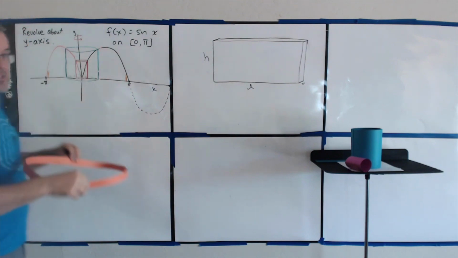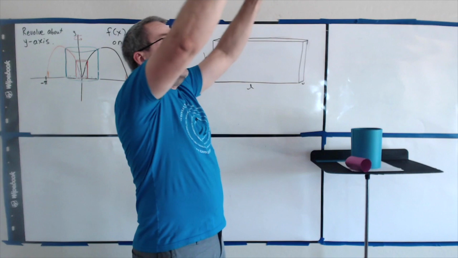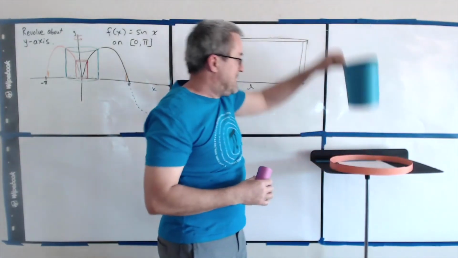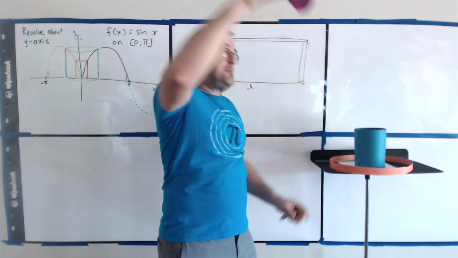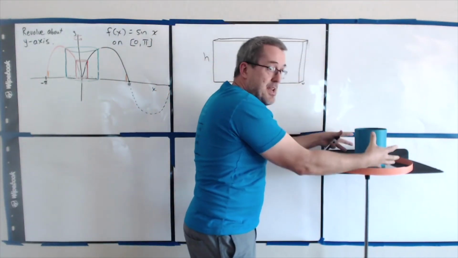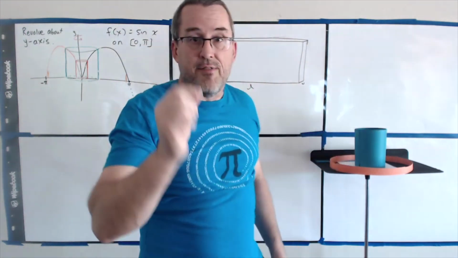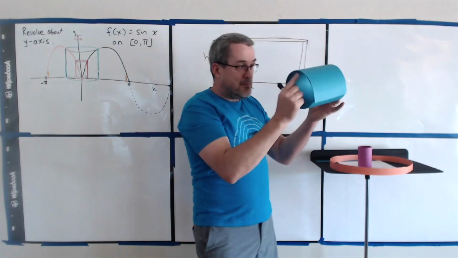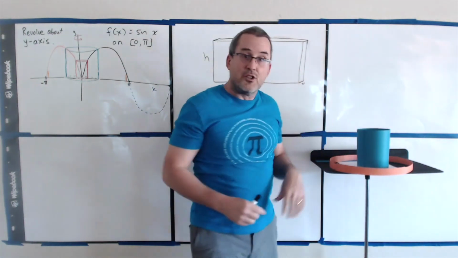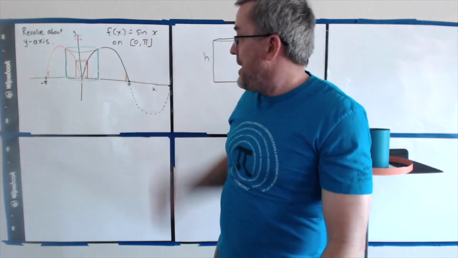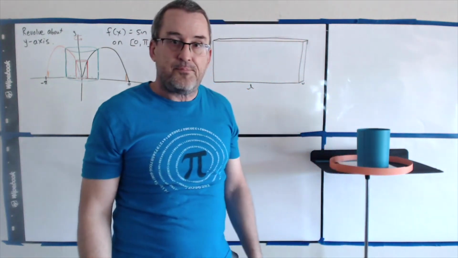So what we need to do is find the volume of this piece of paper, this piece of paper, this piece of paper. And actually there's infinitely many more of them in here. And if we could find the volumes of each and every one of those infinitely many, infinitesimally thin cylindrical shells and sum them up, we would have the volume of that mound created.